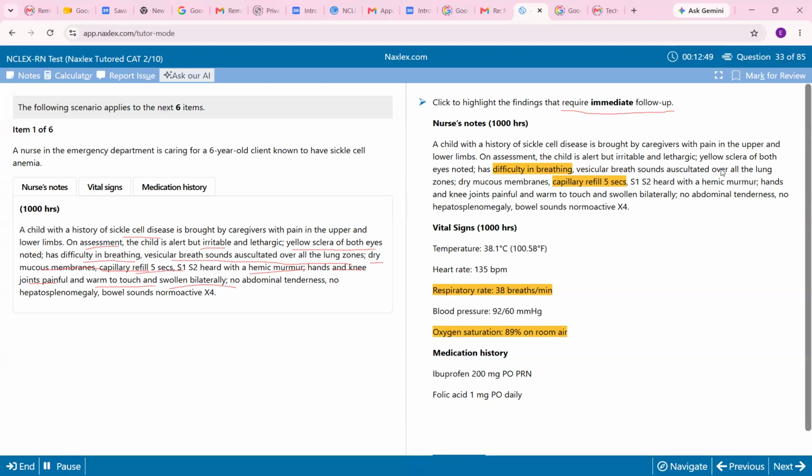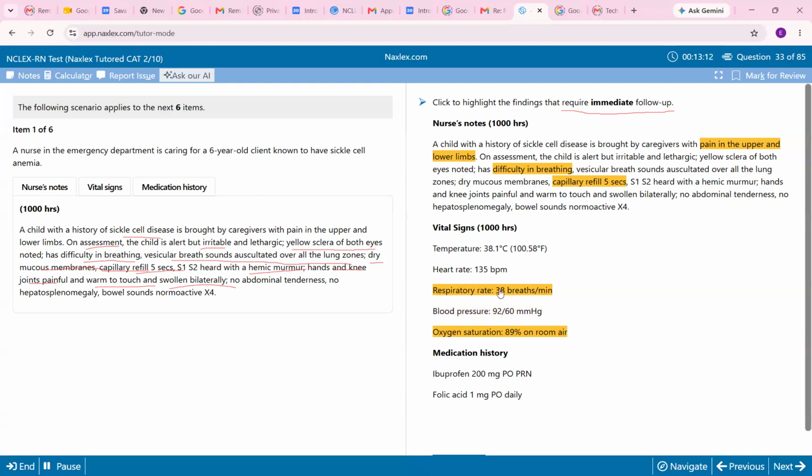Next, ma'am, I lock the basic answer. You are just locking the pain in upper and lower limbs also. And heart rate, which one? Heart rate, no need to highlight it.